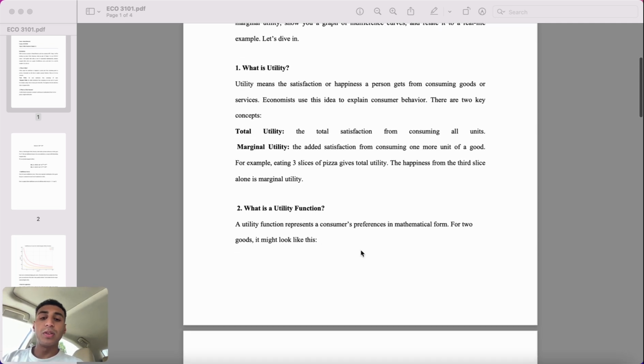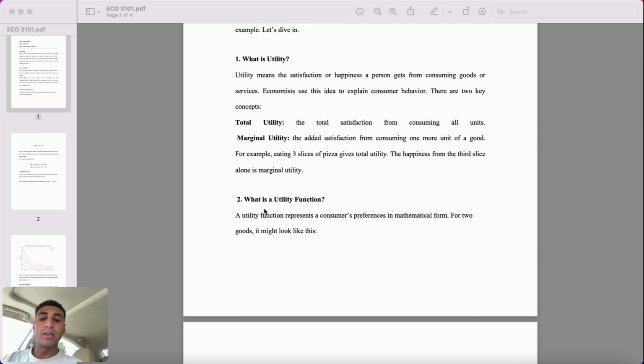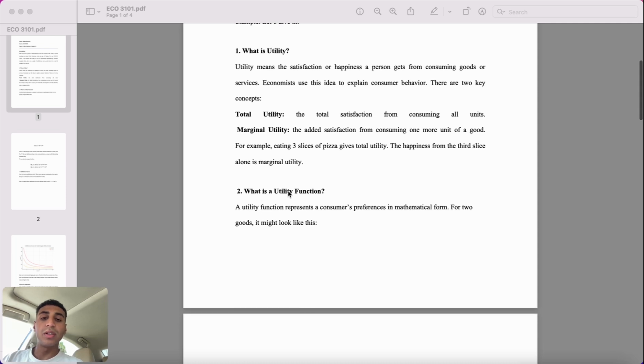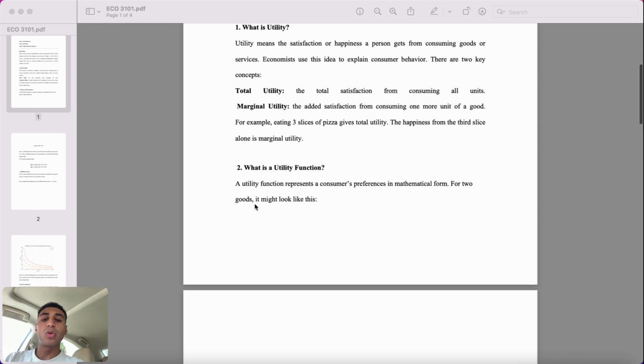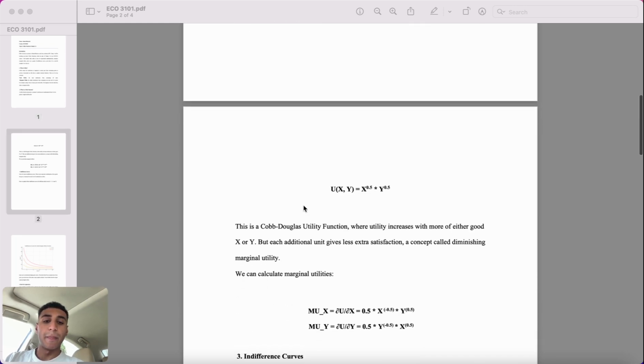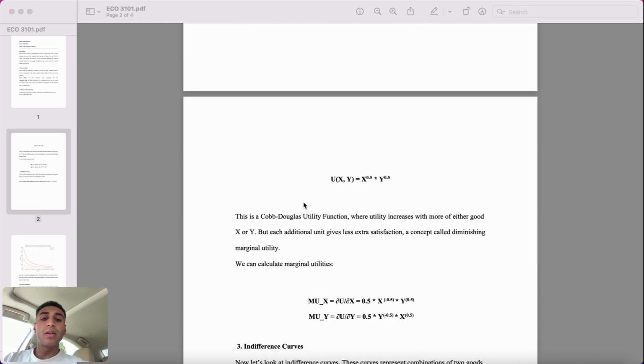So let's move on to the second point. What is a utility function? A utility function represents a consumer's preferences in mathematical form. For 2 goods, it might look like this. Here is the formula: u of x and y equals x to the power 0.5 times y to the power 0.5.